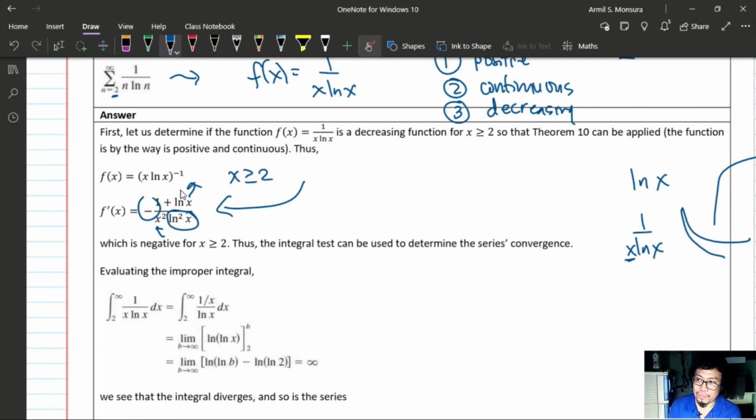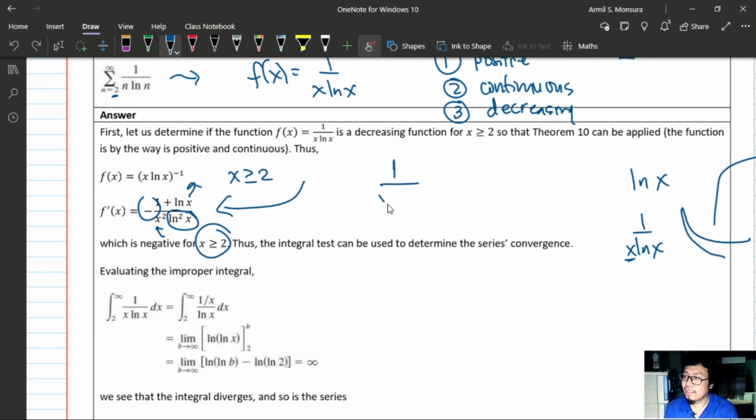So if this ratio evaluates to a positive number, but there is a negative that needs to be multiplied to it, then this derivative is negative for x greater than or equal to 2.